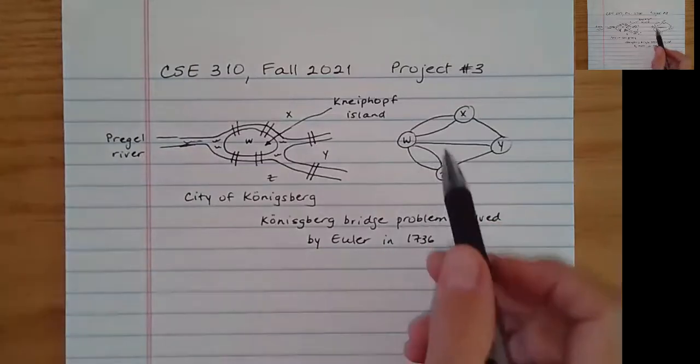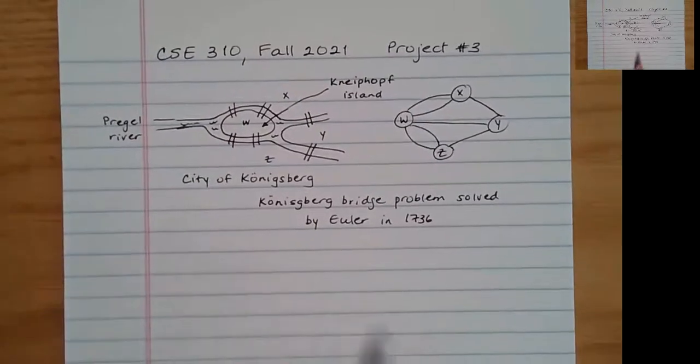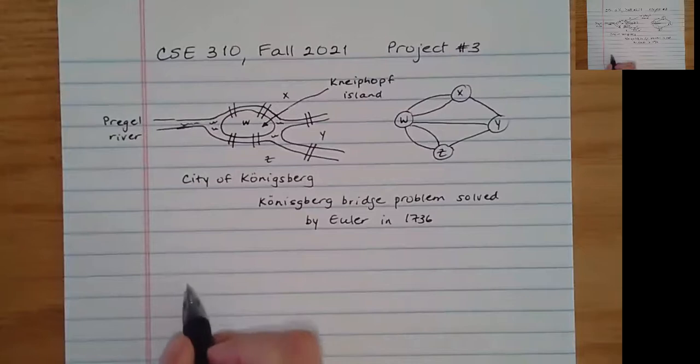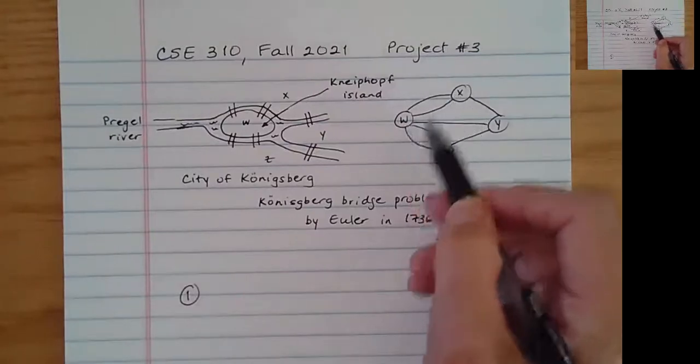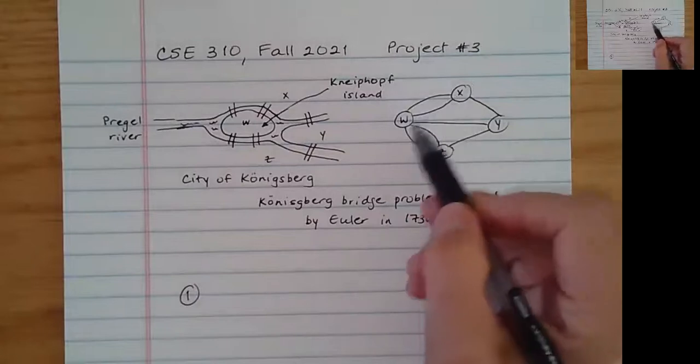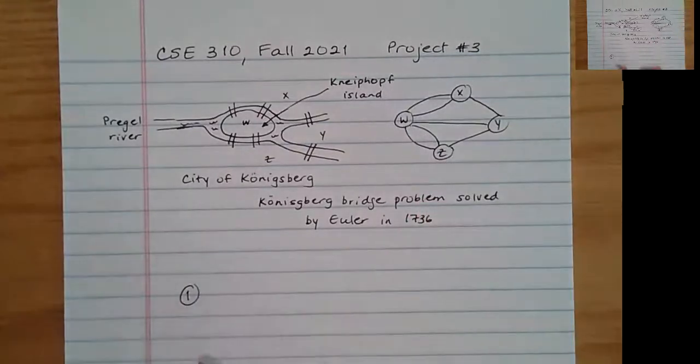Now, I'm going to simplify this graph a little bit for an example. So I'm just going to turn it into a simple graph. So this is not a simple graph because there are two edges between W and X, and two edges between W and Z. So that's actually a multi-edge.